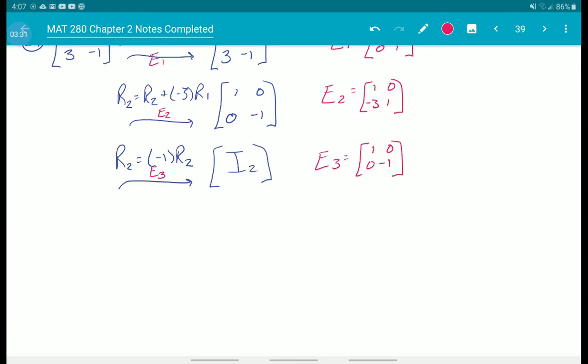Now, we've been using the definition of row equivalence going way back to the beginning of this section series, where we said B could be rewritten as Ek through E1 times A, just multiplying all these elementary matrices together. So in this case, we ended up with the identity. That's going to be equal to E3 times E2 times E1 times A.